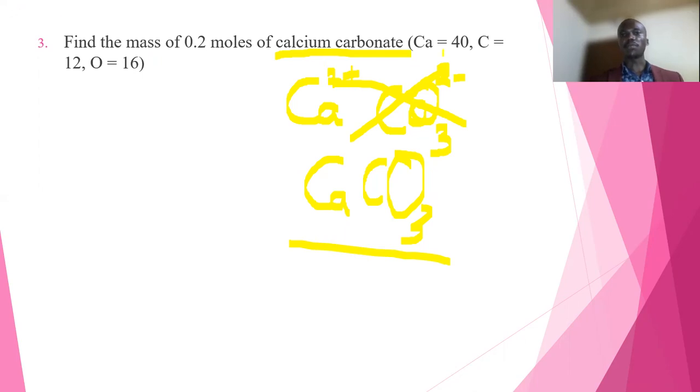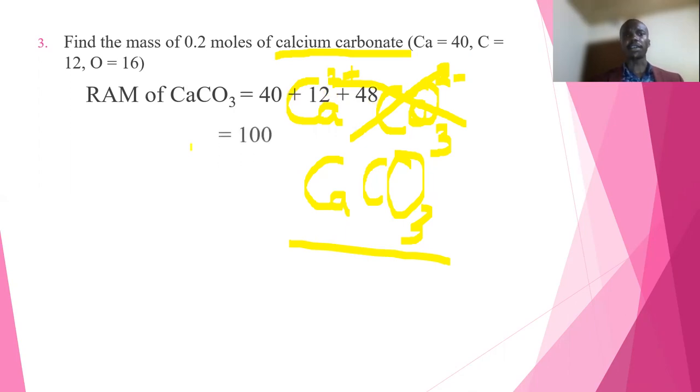So the molar mass, we should just refer to it as the molar mass of that compound. That is 40 plus 12 plus 48, which now gives us 100.